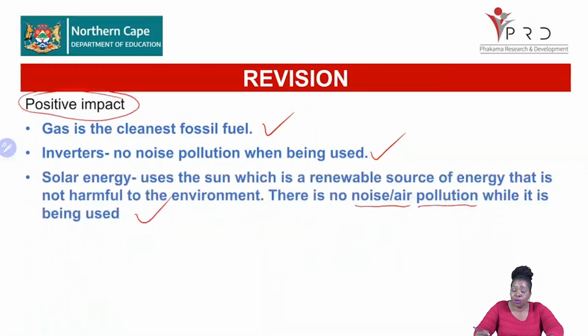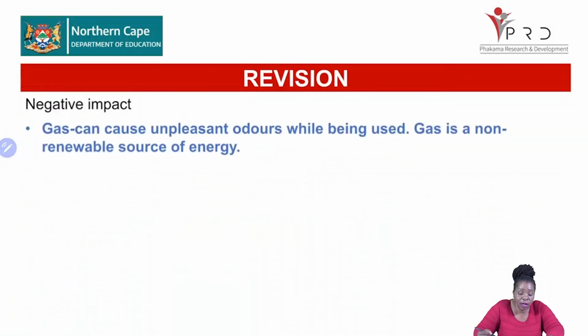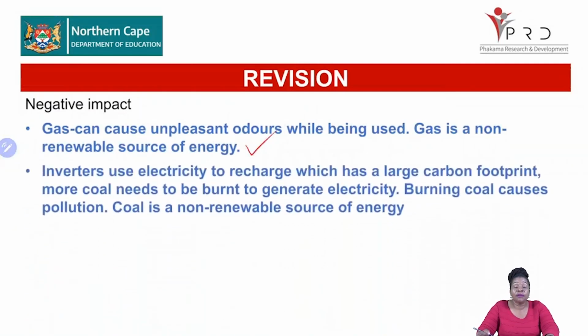And then we go on to the negative impact that these sources of energy have. We have got gas also can cause unpleasant odors while being used. And gas is also a non-renewable source of energy. That's the negative impact. And then inverters also use electricity to recharge, which has a large carbon footprint.